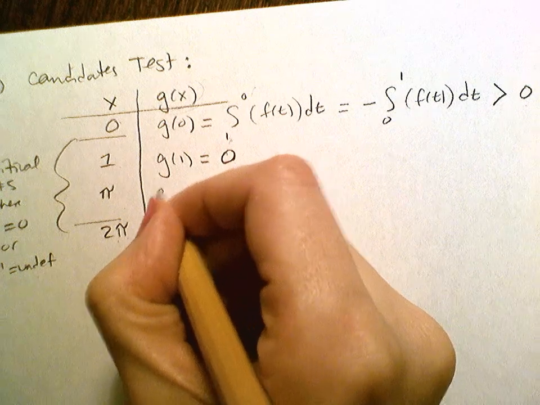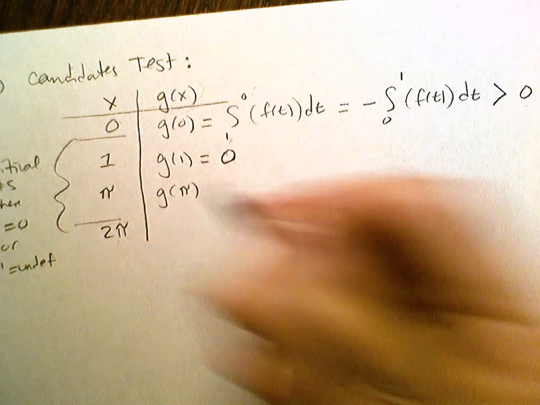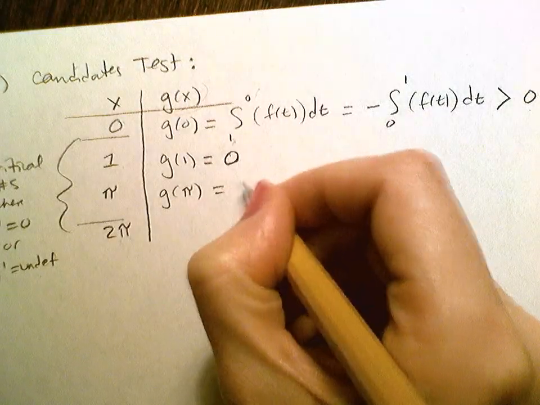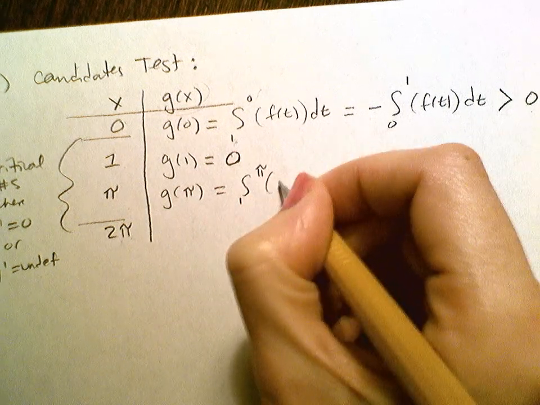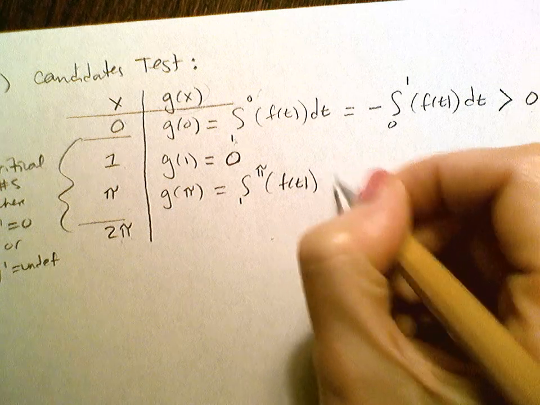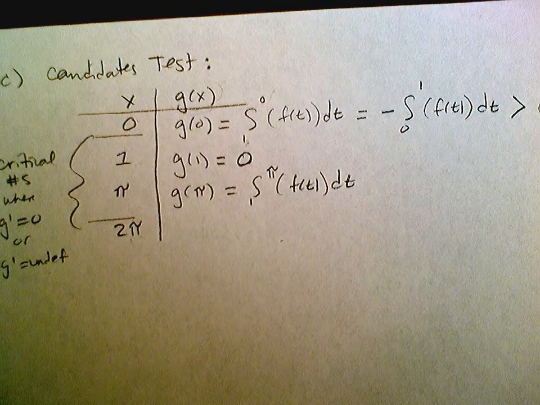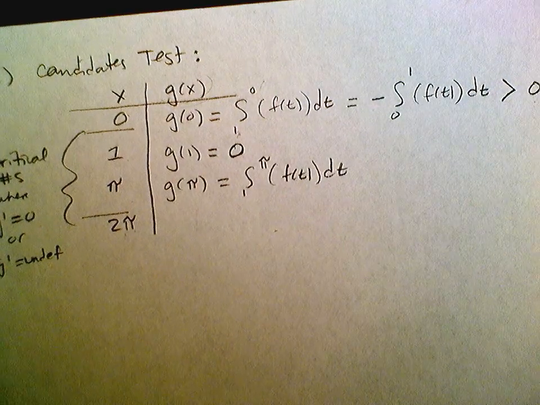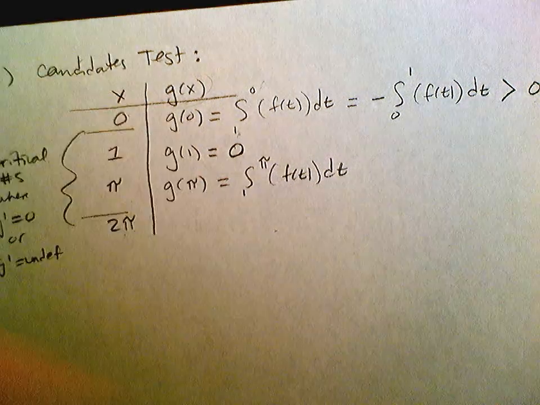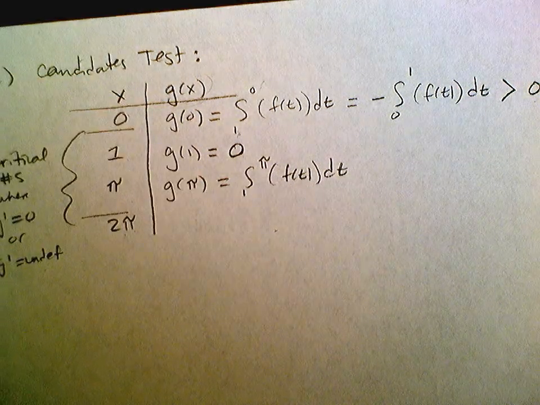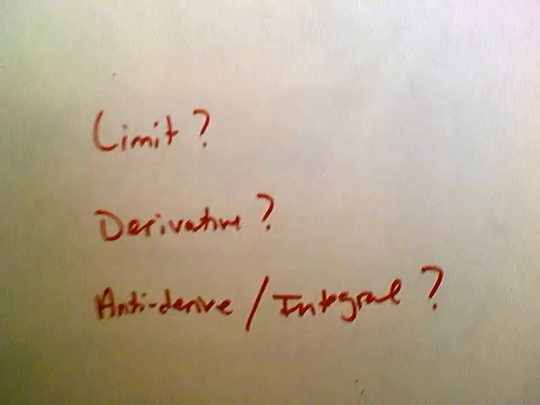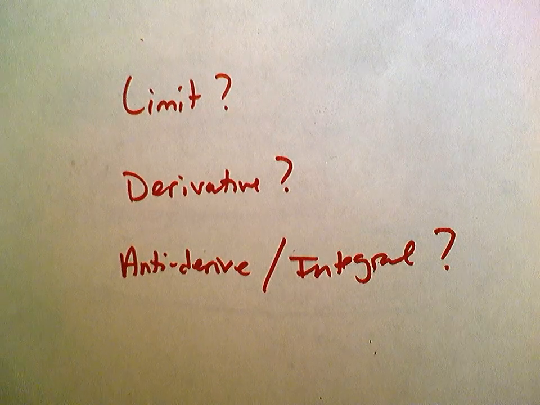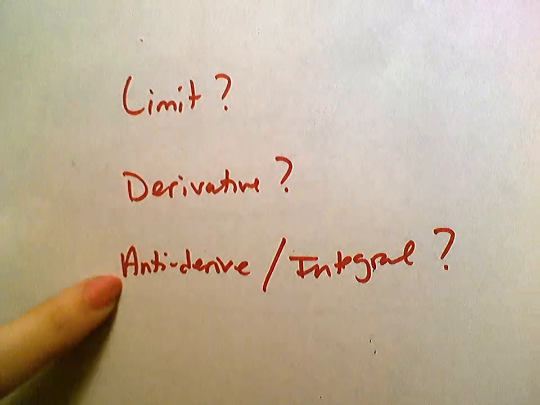So this is g of pi, which is equal to the integral from 1 to pi of f of t dt. Oh, and by the way, this question that I keep coming back to because it is so very crucial for our success: limit, derivative, antiderivative.